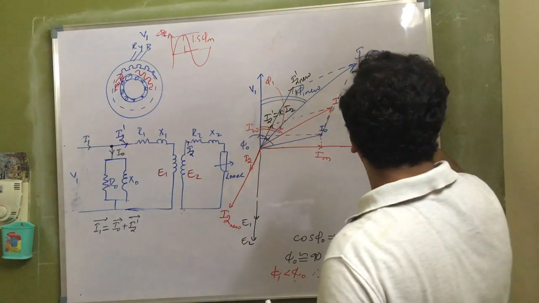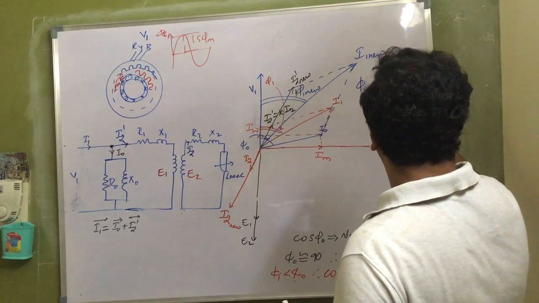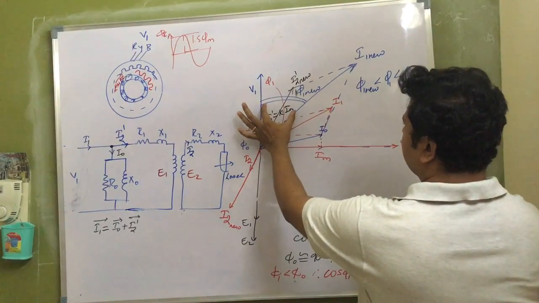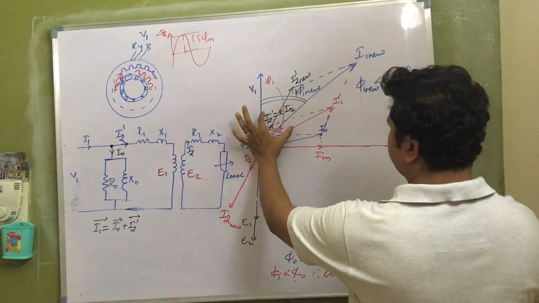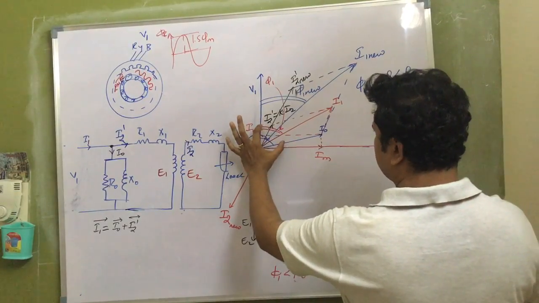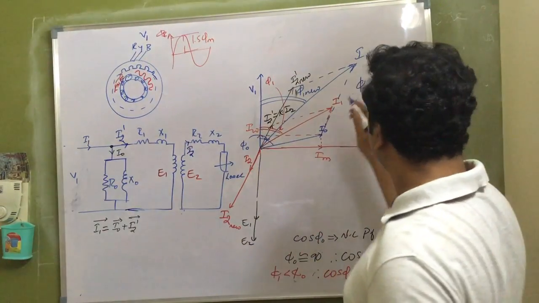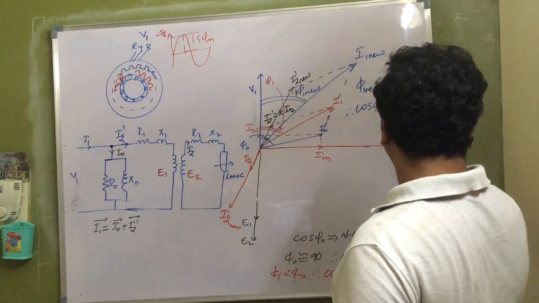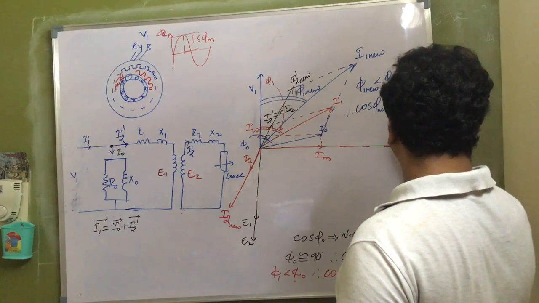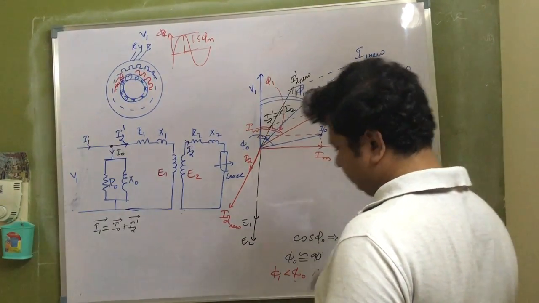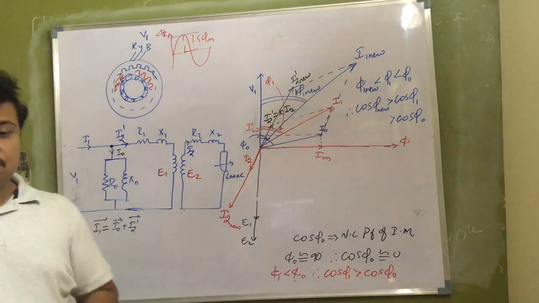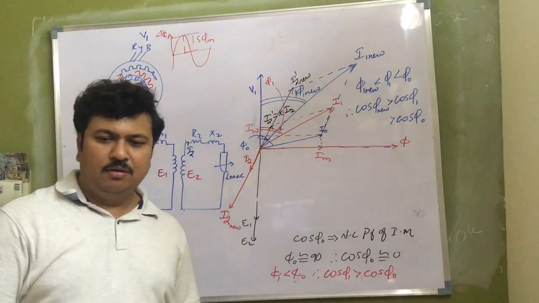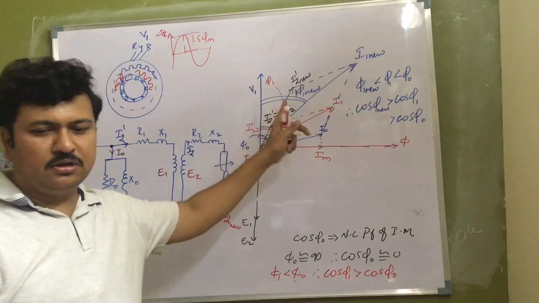Sorry, not greater, smaller. See, this is the angle between V1 and I1 new, which is smaller than angle phi 1 between V1 and I1, and which is smaller than the angle between V1 and I0. Therefore, cos phi 1 new is greater than cos phi 1, which is greater than cos phi 0. So as the load on the motor goes on increasing, the power factor of the motor also goes on increasing.